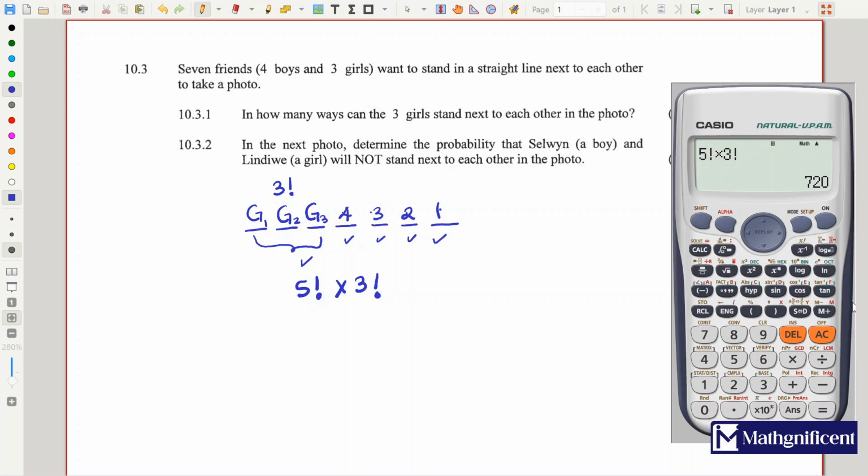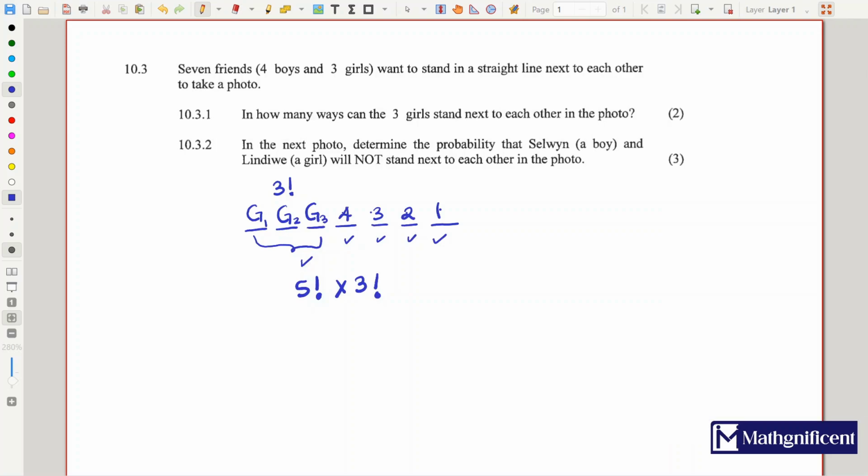So this type of arrangement can happen in 720 ways, right? So I just write here that this can happen in 720 ways. Remember, this was 10.3.1, right? So this is what happens.